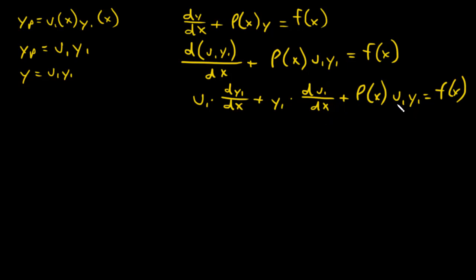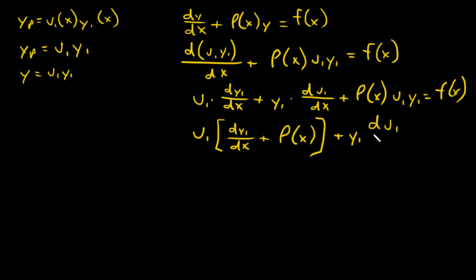Now I'm going to factor out my u1 terms. It's kind of strange, but alrighty. So if I do that, I get u1 times dy1 dx plus p of x y1, because it was just this term and this term that had a u1 that I could break out, plus y1 times du1 dx equals f of x.